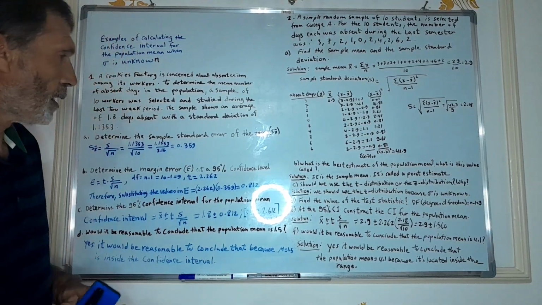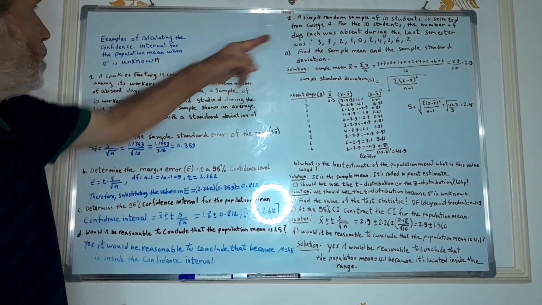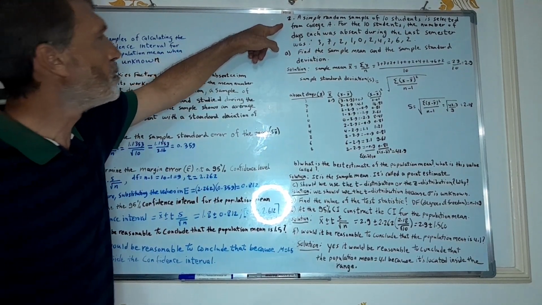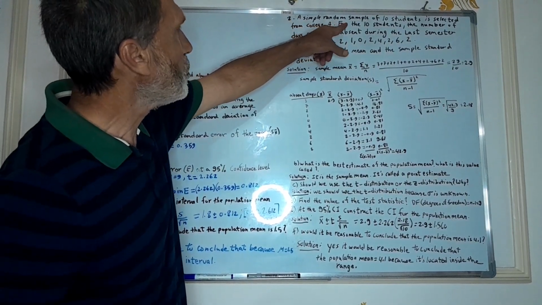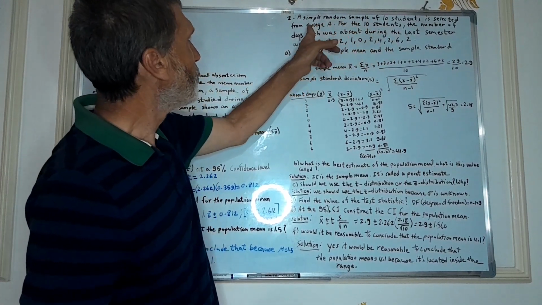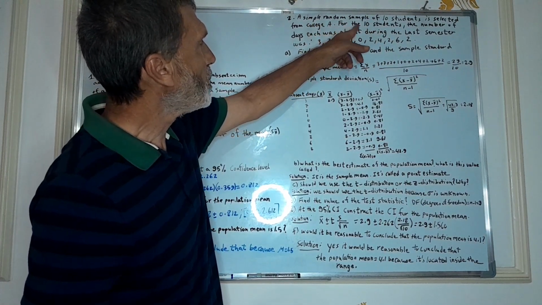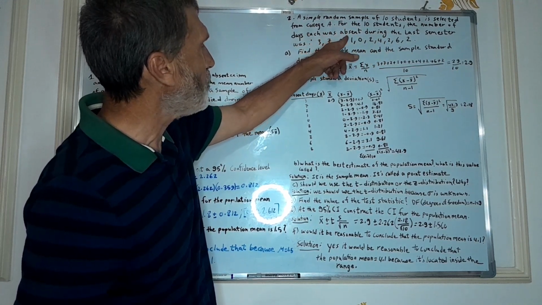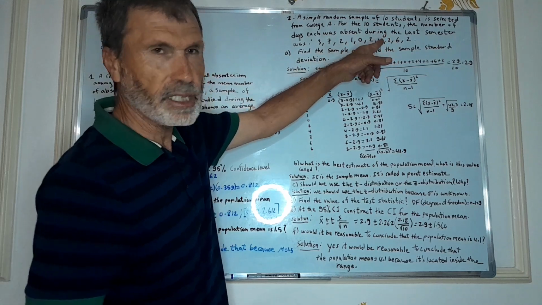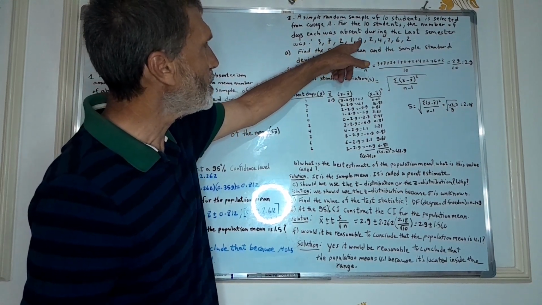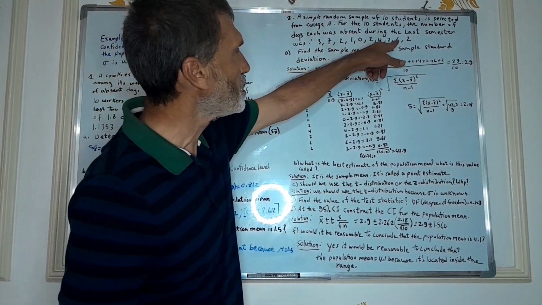Now we move to exercise 2. Exercise 2 says a simple random sample of 10 students is selected from college A. For the 10 students, the number of days each was absent during the last semester was 3, 7, 2, 1, 0, 2, 4, 2, 6, 2.